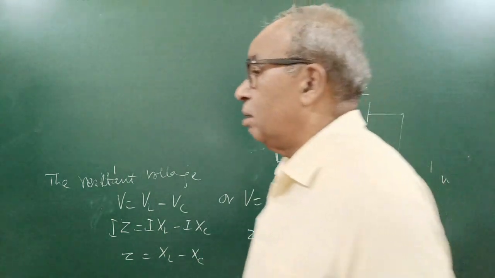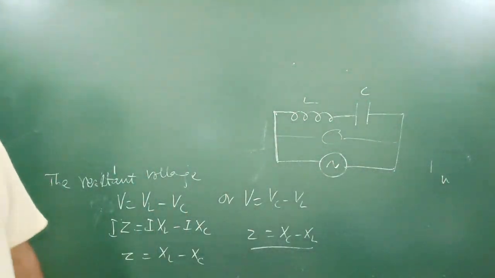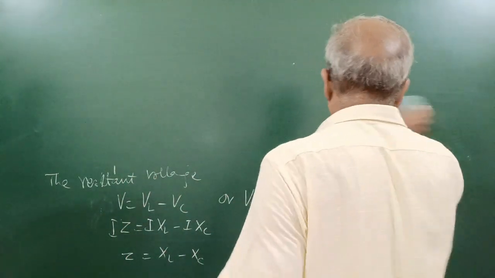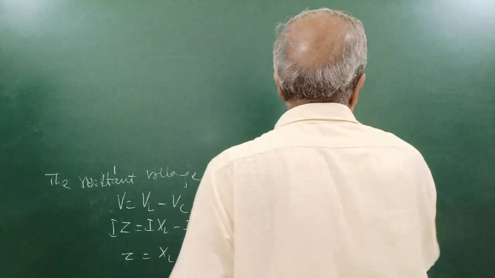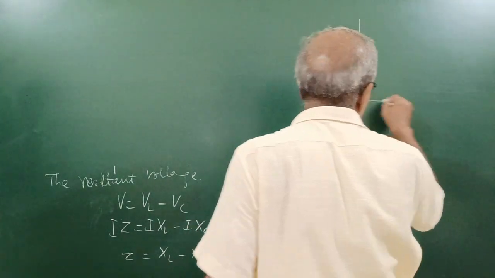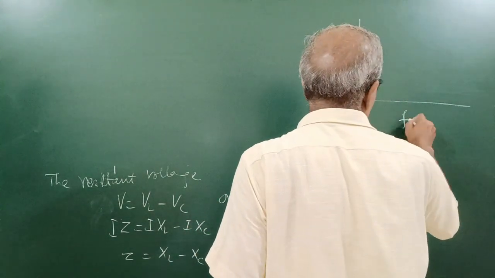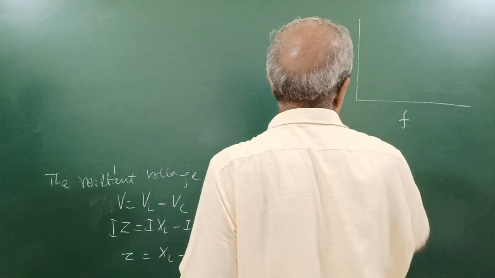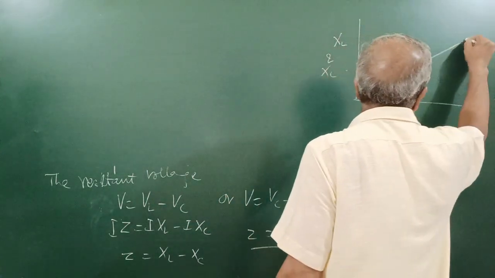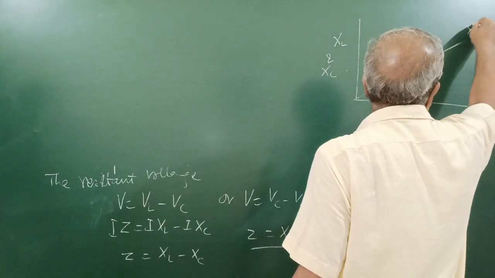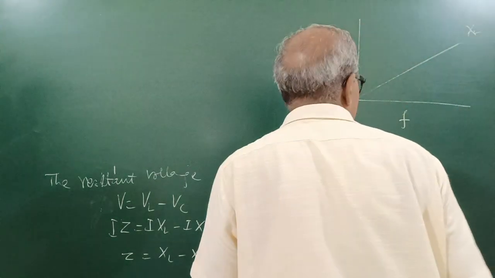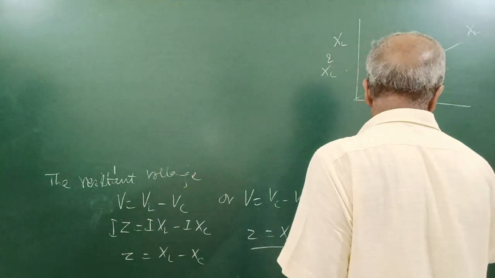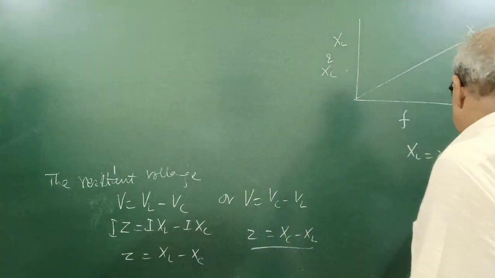XL and XC both depend on frequency. Now, if you remember, there is a graph between F and XL and XC. If I plot the graph on the same axes, the XL graph will go like this for a given inductor, because XL equals 2 pi FL.